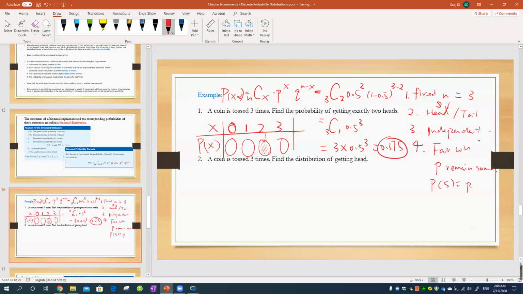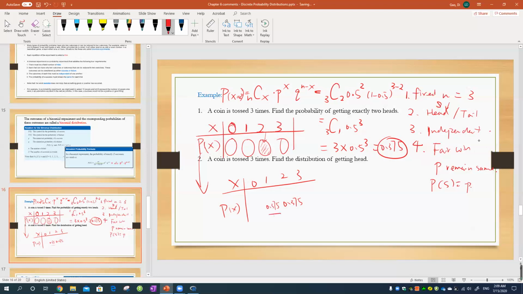And then if we want to find the distribution of getting heads, we have to complete this binomial distribution, this discrete distribution table. So we have x equals 0, 1, 2, 3 possible values and probability of x. So for 2, we have 0.375. And then for 1, we have 0.375.